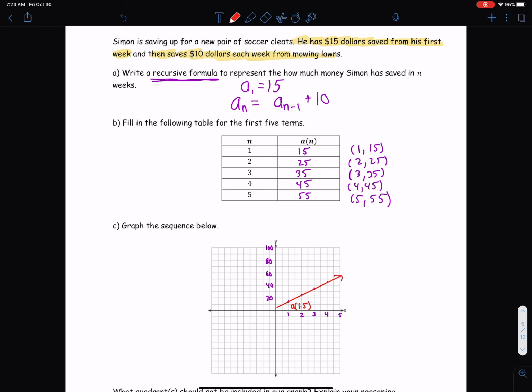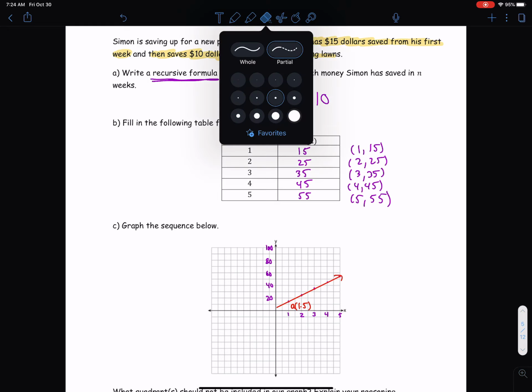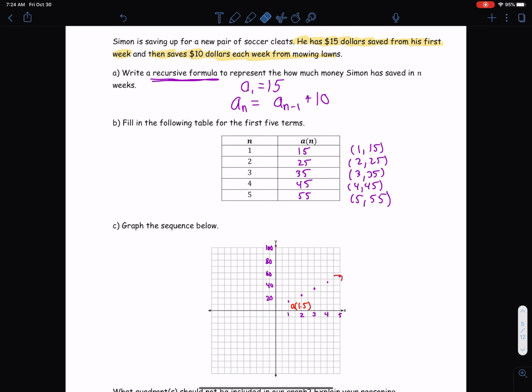So that is why we never connect the dots for a sequence. There's only the first term, then the second term, then the third term, fourth term, and fifth term, sixth term. There is no like 6.5th term or the 6.3rd term. So they're only coordinate points. There's only dots. So you don't connect the dots for any sequence, really.